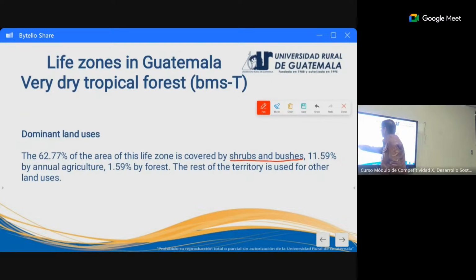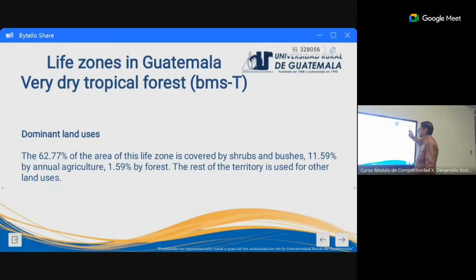People are using this land for agriculture, also by forest. The rest of the territory is used for other land uses. Let's go ahead.